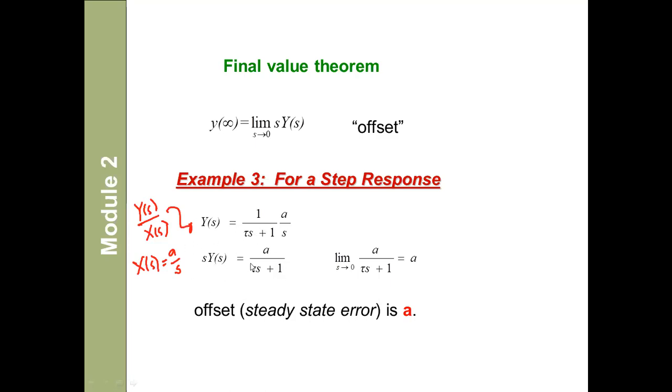So meaning you can go straight to using the final value theorem, which is the limit of s times the y of s as s approaches 0. If you substitute s here equal to 0, your answer would be A. So we say that the offset or the steady state error is equal to A. Or your offset, which is how much your new steady state value deviates from your original steady state value, is A, because it's the value that you're getting here.